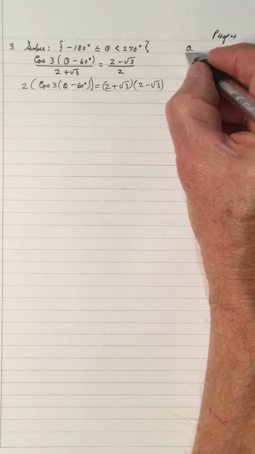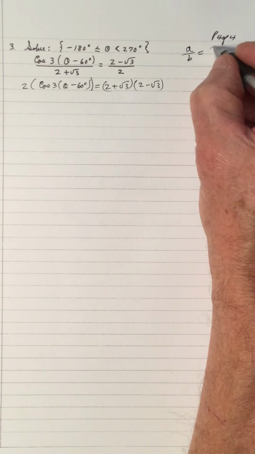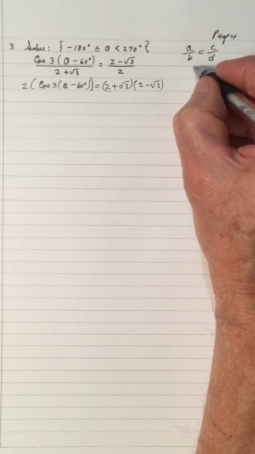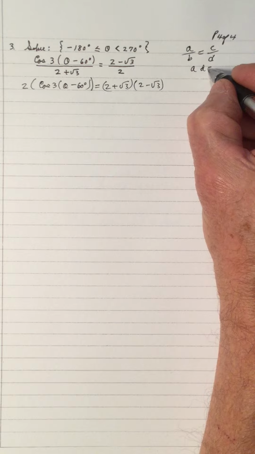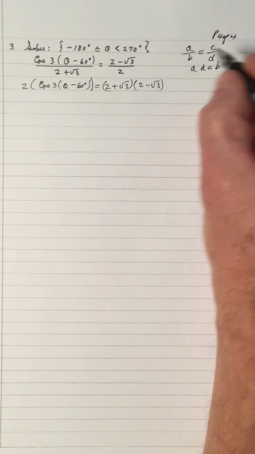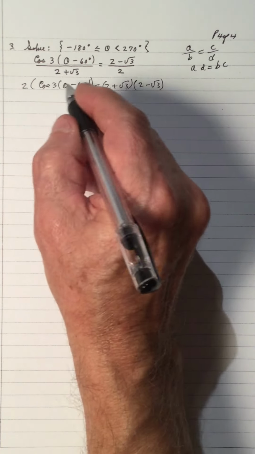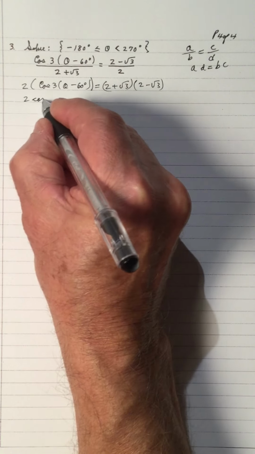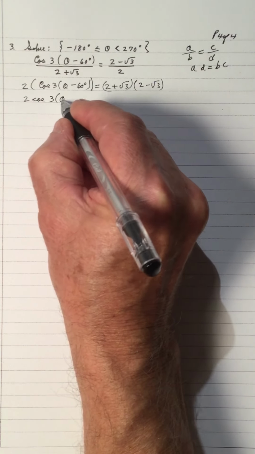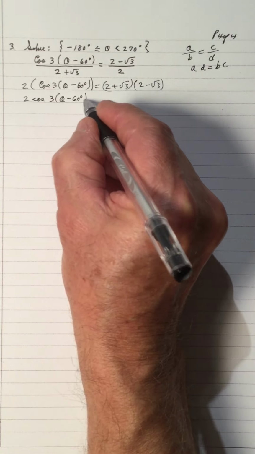And remember, A over B equals C over D. Cross multiply, A times D equals B times C, and that's what I did there. Simplify that, so that's 2 cos of 3 theta minus 60 degrees.